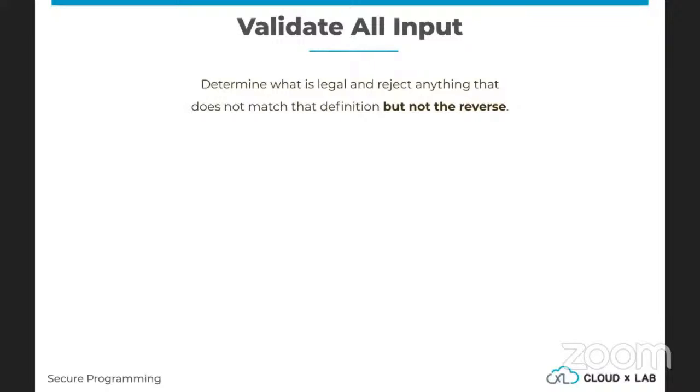Trust me, most engineers do the reverse. They try to remove all the malicious characters and then keep whatever is not malicious. Now, defining malicious could be very hard. Therefore, define what is non-malicious, what is correct, what is the accepted format, and accept that.